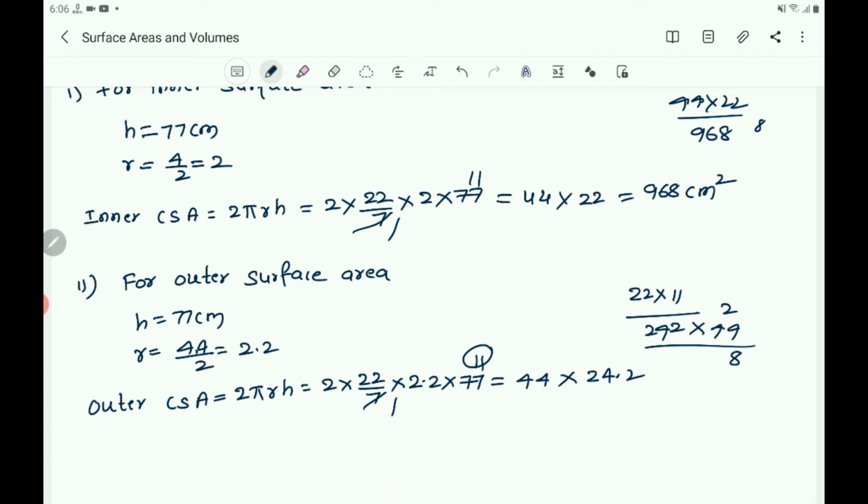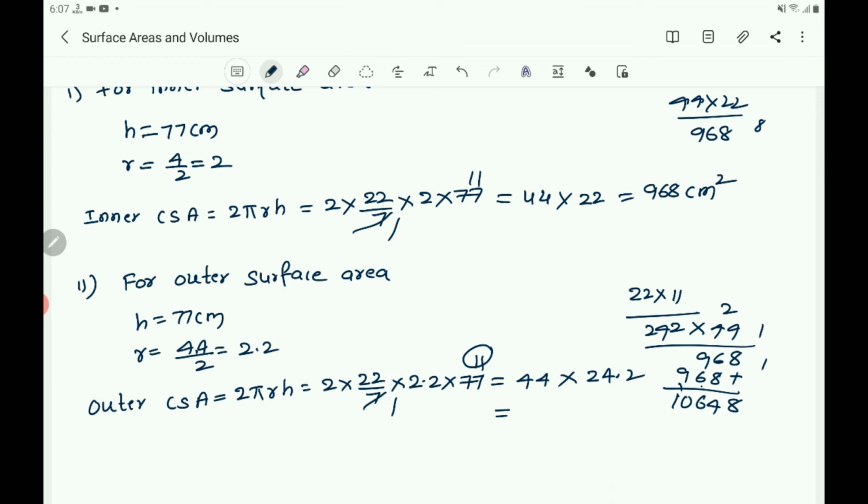That is 2 4s are 8, 4 4s are 16, 1, 4 2s are 8 plus 1, 9. 8 plus 6 14, 1 carry, and 9 plus 6 15, 15 plus 1 16, and you got 10648.